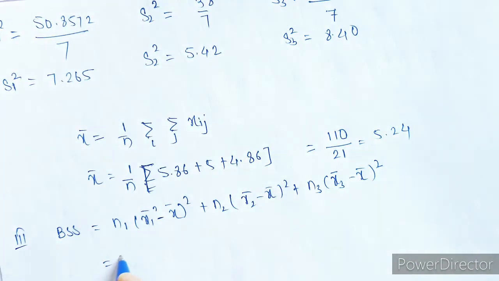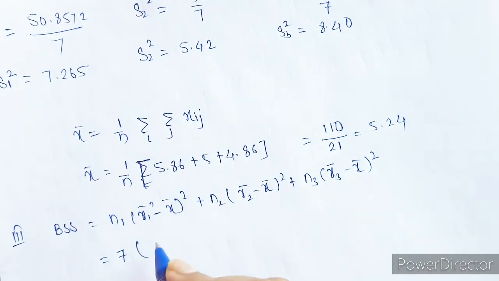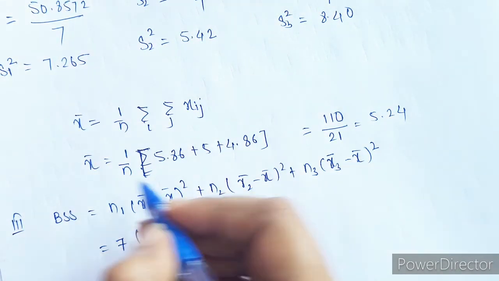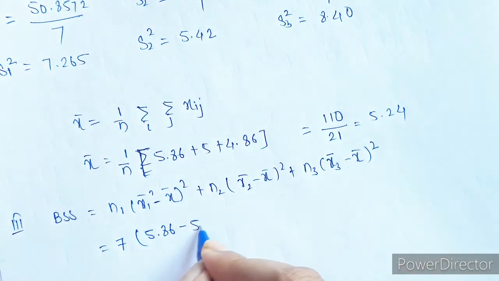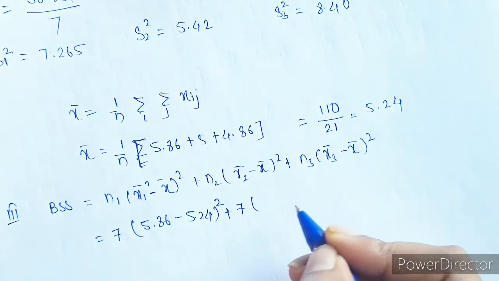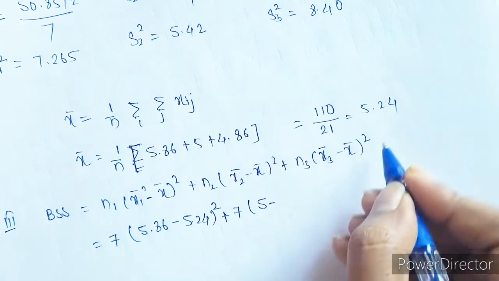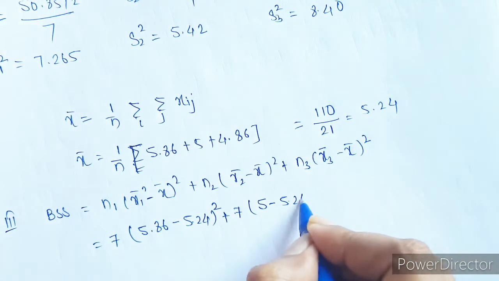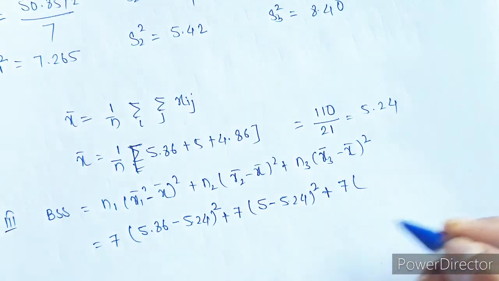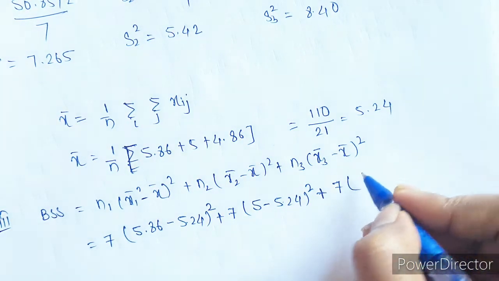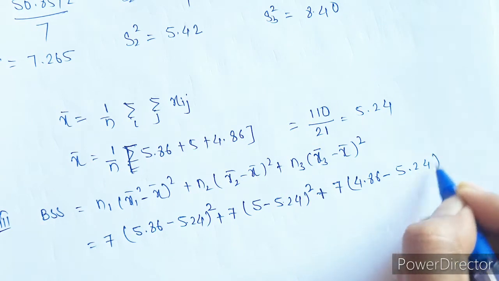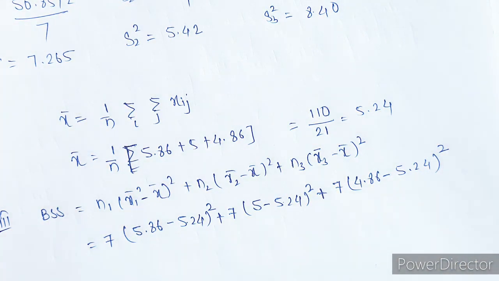Okay, so our n1 is 7, x1 bar mean of the first class is 5.86 and the total mean is 5.24 and square of this. Similarly, n2 is also 7, x2 bar is 5 and the total mean is 5.24, again square of this. Even for third case, n3 number of terms are 7 again and x3 bar is 4.86 minus total mean, that is 5.24 and square of these terms.